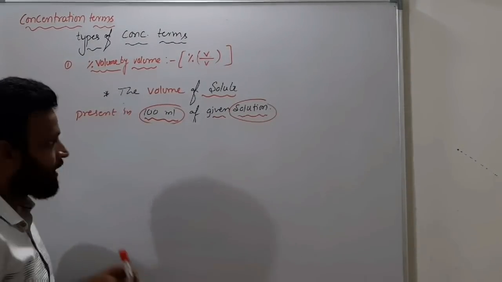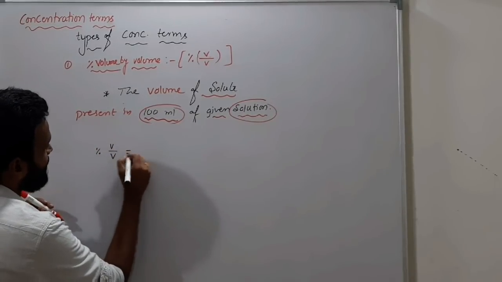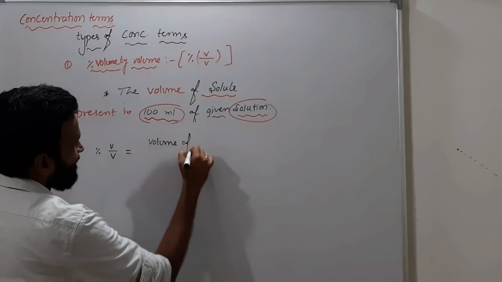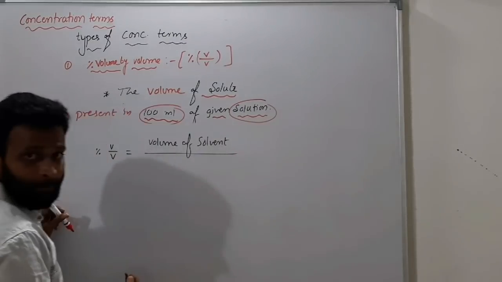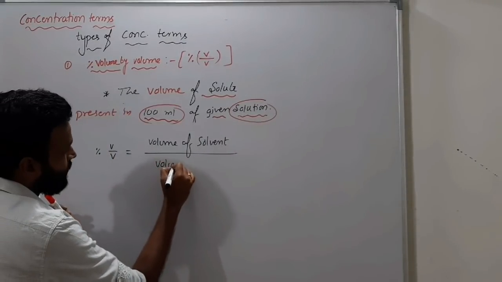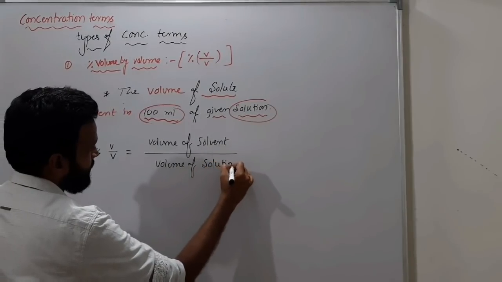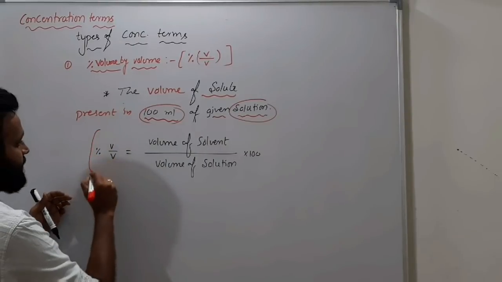So what is the percentage V by V in terms of formula? Volume of solute by volume of solution into 100. So this is percentage V by V.